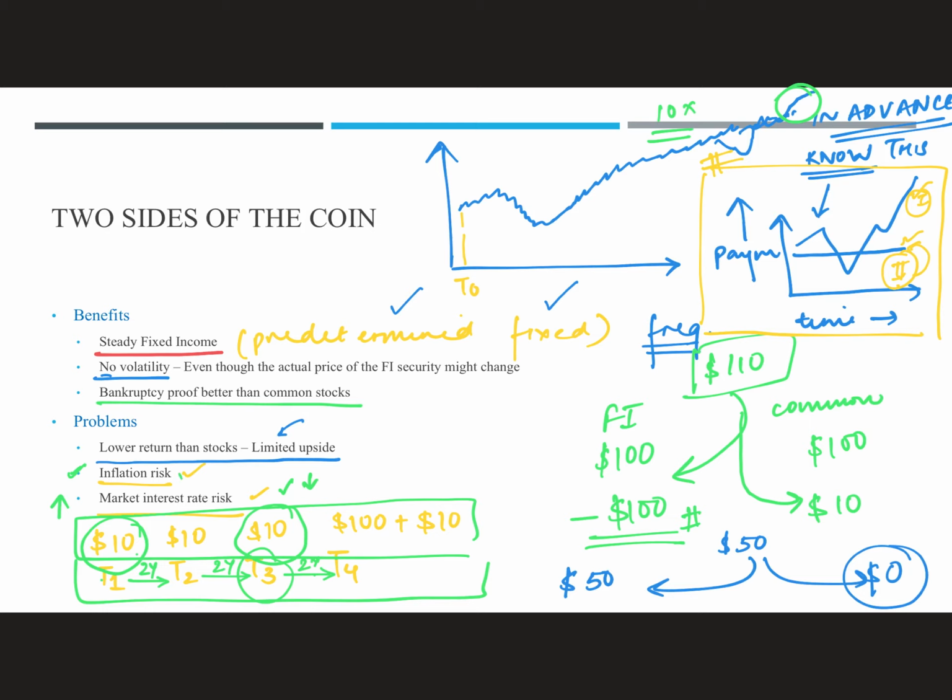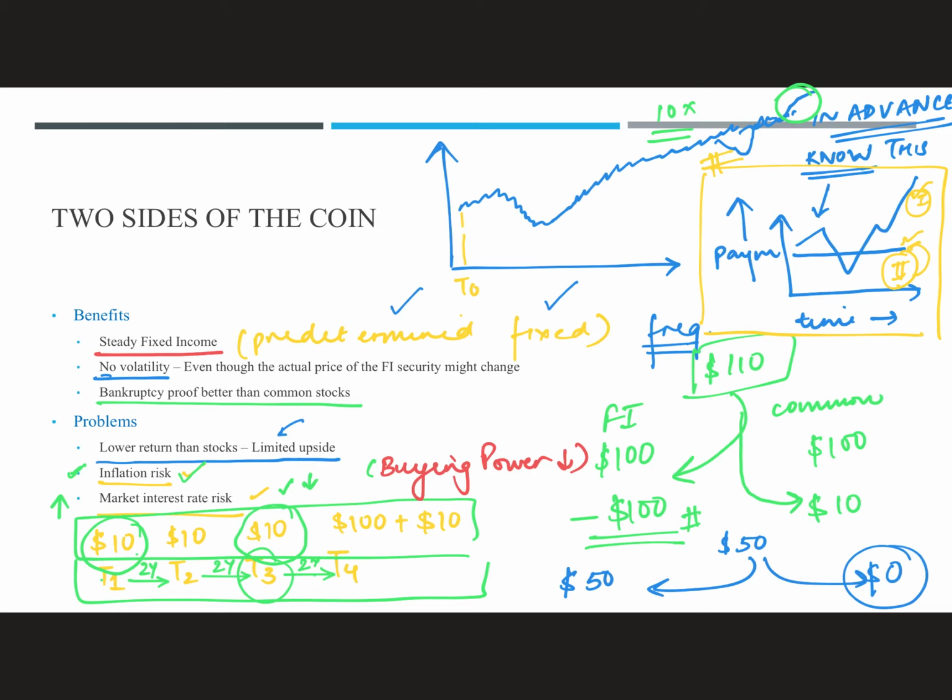But we're talking about problems here, so we'll consider that inflation is increasing, which means the goods and services you're going to buy are going to get expensive, and having the same dollar amount of value 4 years from now, 2 years from now, is going to reduce your buying power. So let's say your buying power is reducing, okay. And the market interest rate risk.